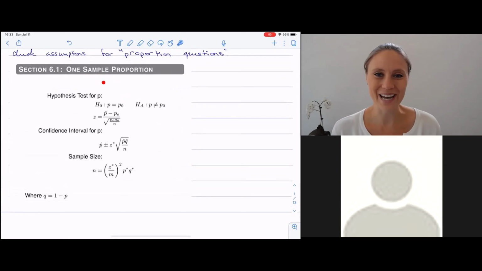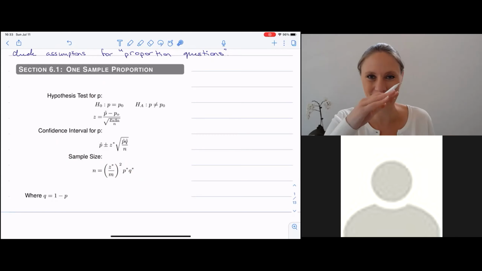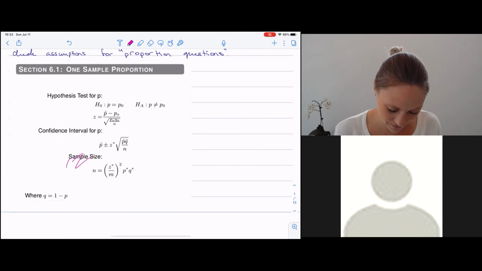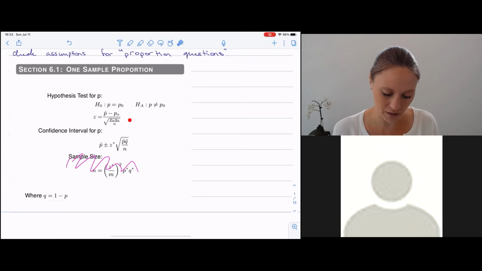So even though we haven't done anything like this, my hope is that when you look at this, maybe excluding the sample size calculation, but even that is not that bad. So kind of ignoring this for now, when you look at the formula sheet, it doesn't look that bad, right?